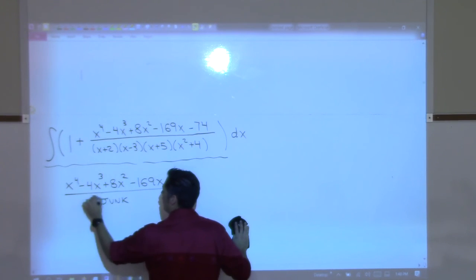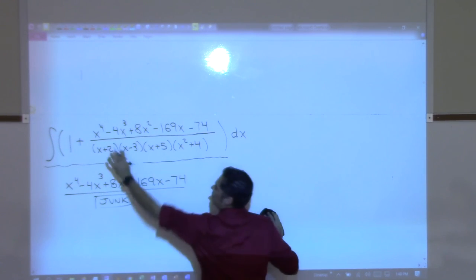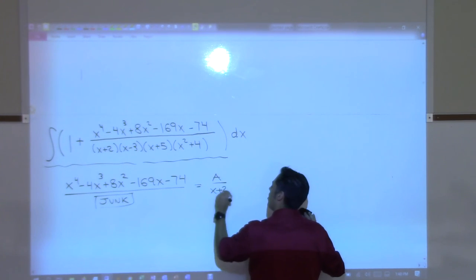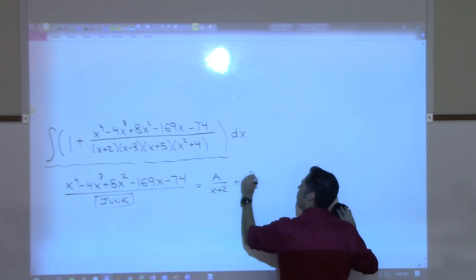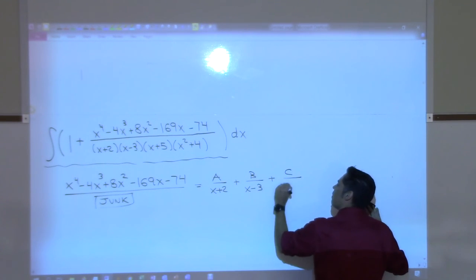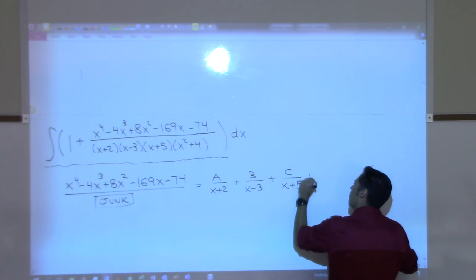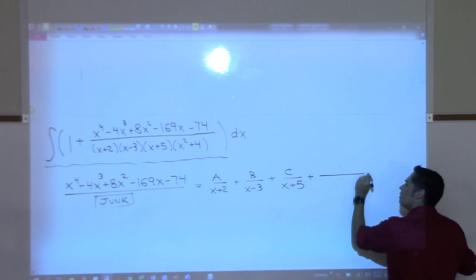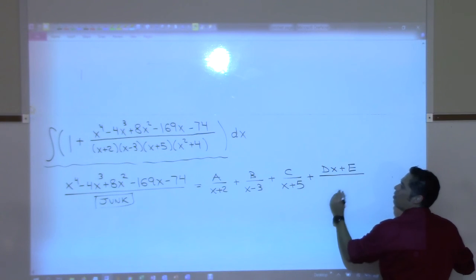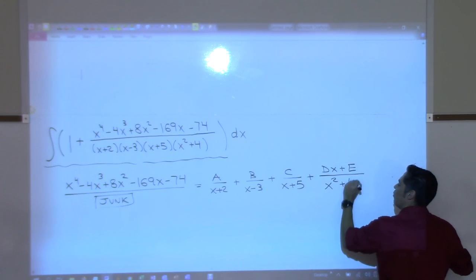That's all the denominator, right? That must equal A over x plus 2 plus B over x minus 3 plus C over x plus 5 plus, drum roll, Dx plus E over x squared plus 4.